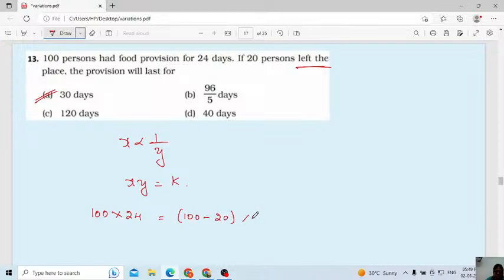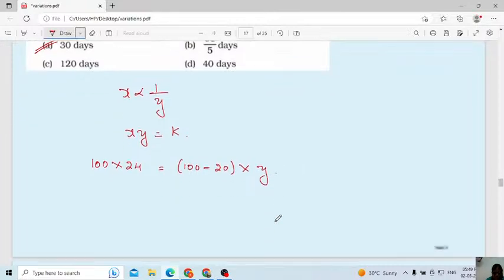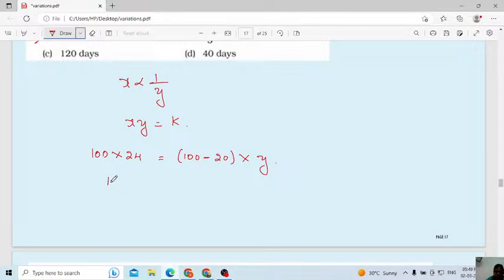Then what is the value? Any constant you can consider, I will use y. Then here 100 into 24, it will be 80 into y. You can cancel here, 0 0 get cancelled. Then 8 ones are 8, 8 threes are 24, then y it will be 30 days.